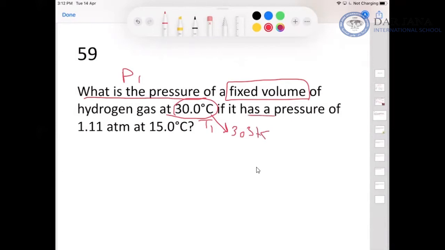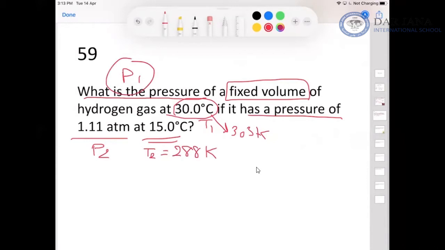If it has a pressure of 1.11, so this is P2 at 15 degrees Celsius. So this would be T2, and again you have to convert it to Kelvin. So you add 273. So clearly this is the relation between the pressure and temperature at a fixed volume.